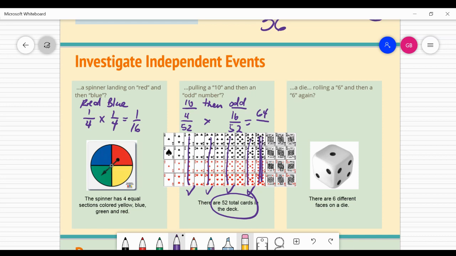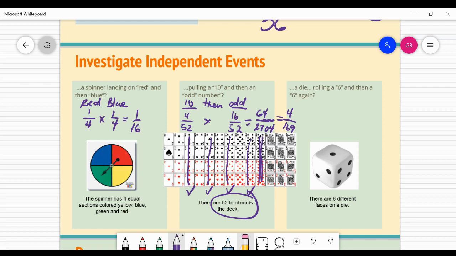And then 52 times 52 is 2,704. Okay. So that's a big fraction. You're going to eventually simplify this to 4 out of 169. Okay, that one's a little bit more complicated.